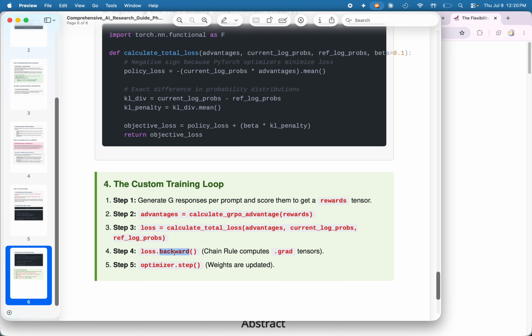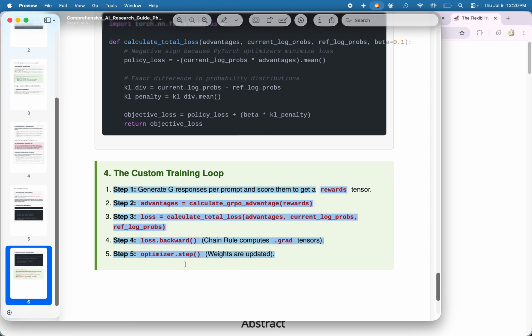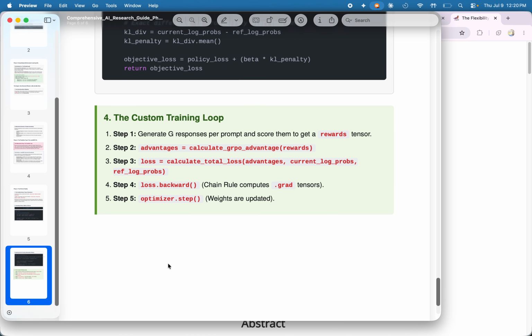Whenever we do this dot backward, it computes the gradients across multiple layers, right? So this is multivariable calculus. We have seen the formula for this earlier. And then the optimizer step is actually where it goes back to each layer and updates the weights. So this is how your PyTorch code looks like, the step-by-step approach.